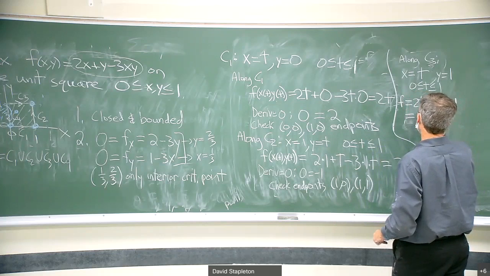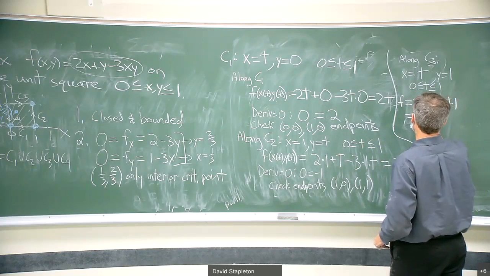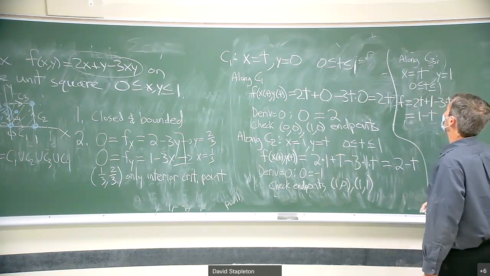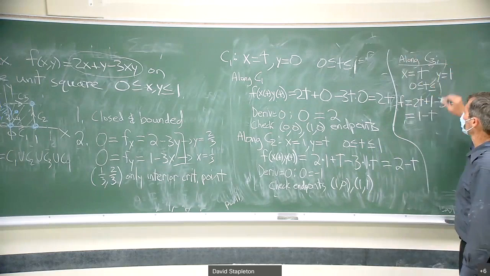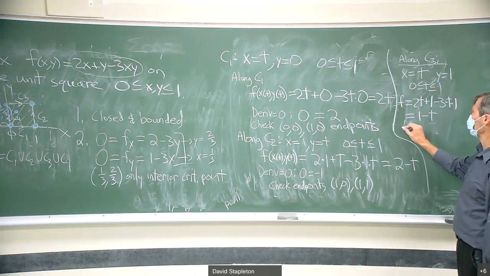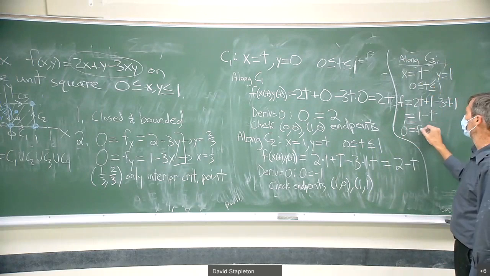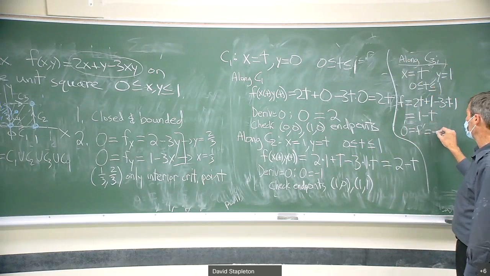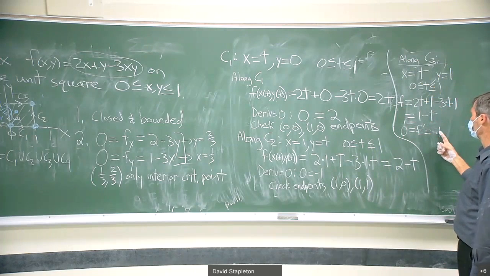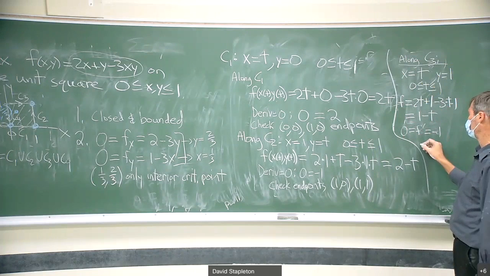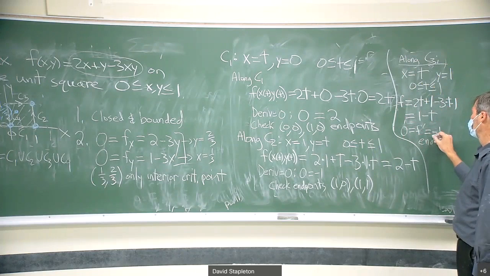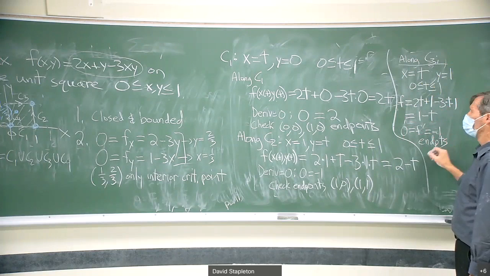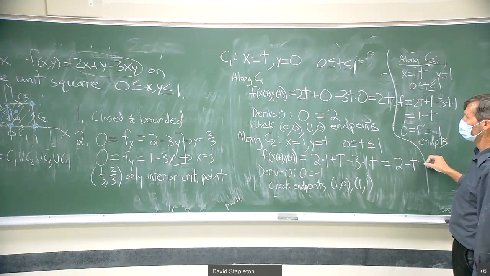So it's 1 minus t on this one. So along C3, again, you look for the critical points along the boundary by setting the derivative equal to 0. But that makes 0 equal minus 1. There are no critical points, so you just have to check the endpoints. And the endpoints are at 1, 1, and 0, 1.